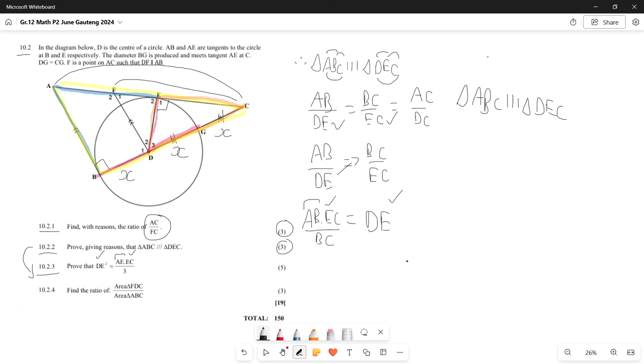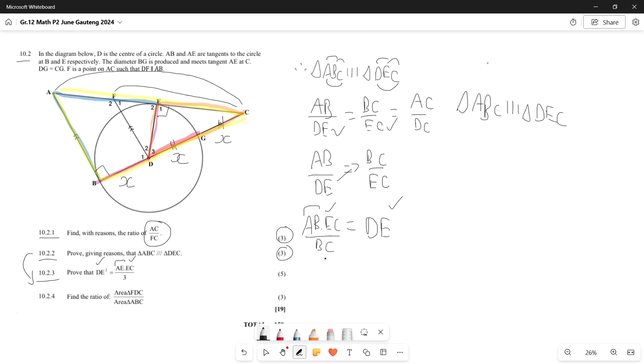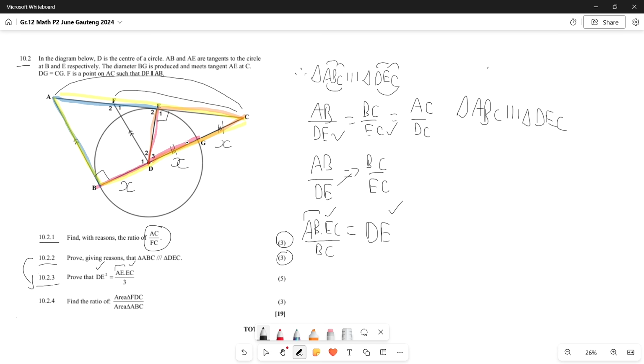Okay, which means let's look at BC first and see how we can relate it to DE so we can get a DE squared. So as we can see, BC over here is this long line, which is x plus x plus x, and that's 3x, okay?